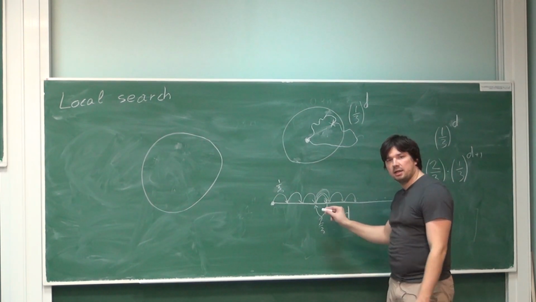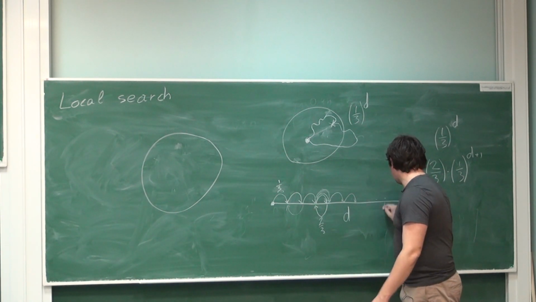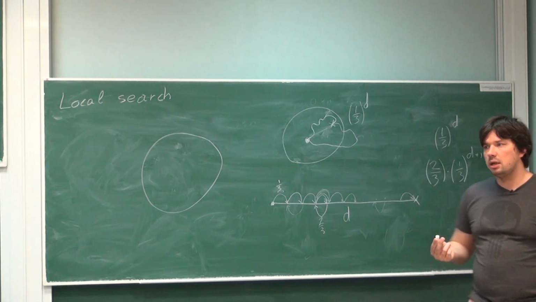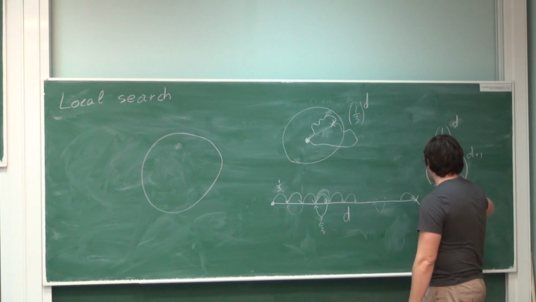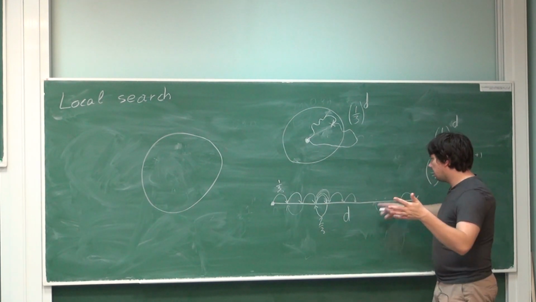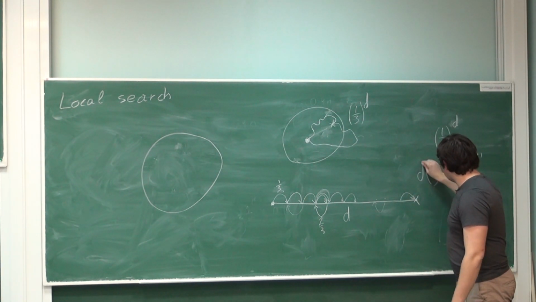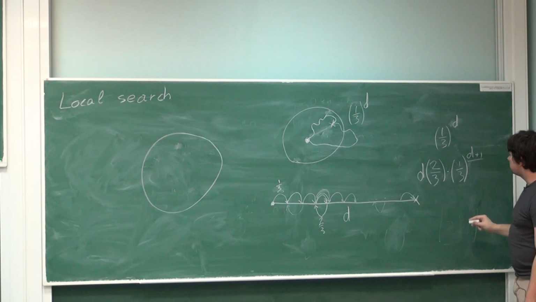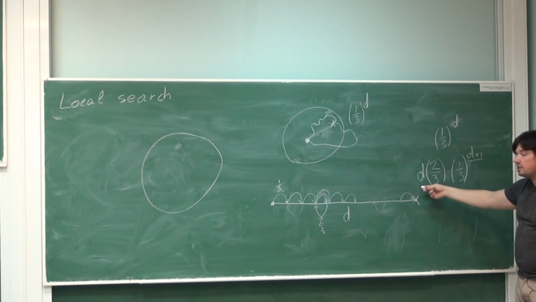But this hop back can happen not only here, but it can happen here, it can happen here. I don't care, right? So if you analyze the chances of having any sequence of hops that includes one hop back, it would be actually d times 2/3 times (1/3)^(d+1). So I actually increased my chances greatly if d is big enough.